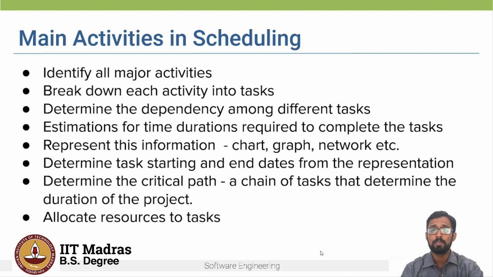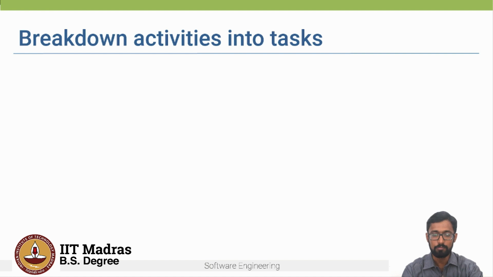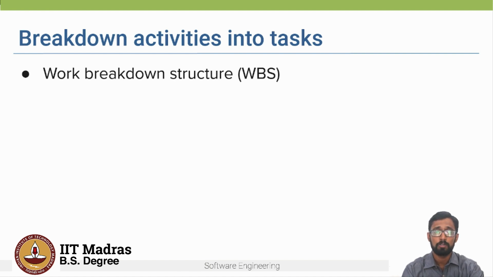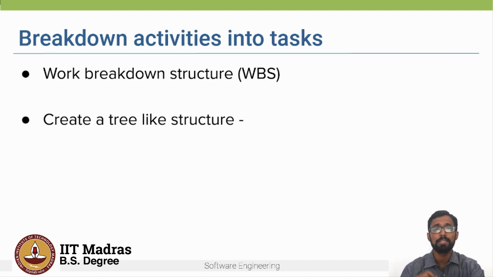Now let's look at how we can identify and break down each activity into tasks. One way to do it is to create what is known as a work breakdown structure or a WBS. What it does is break down the project activities into a set of tasks. Usually this is done by creating a tree-like structure.